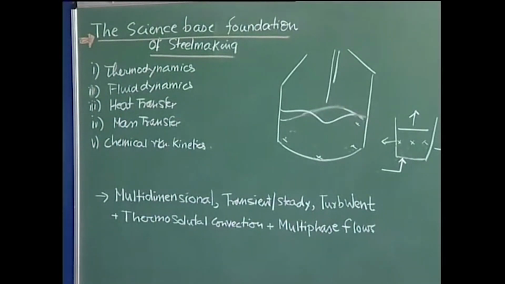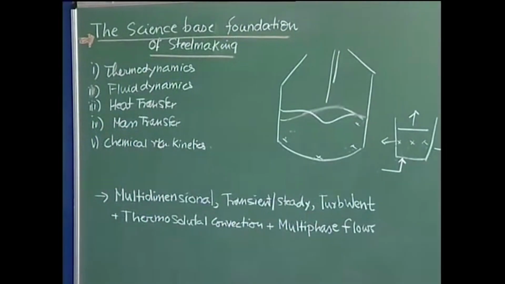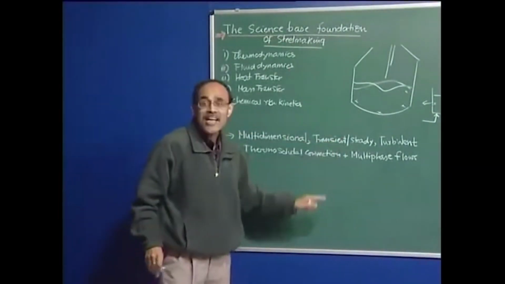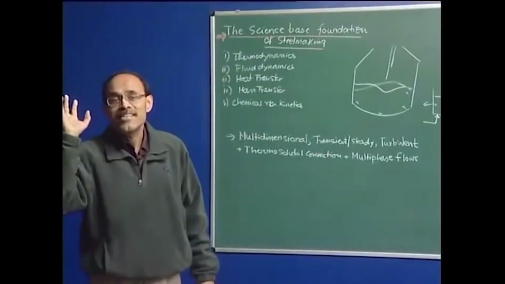It is not like a simple pipe flow or a homogeneous fluid moving in a tank. You name a phenomenon, solidification, multi-phase, thermosolutal convection, all these characteristics are going to influence the flow. So we have to understand all these things in great detail in order to address fluid dynamics in steel making reactors.